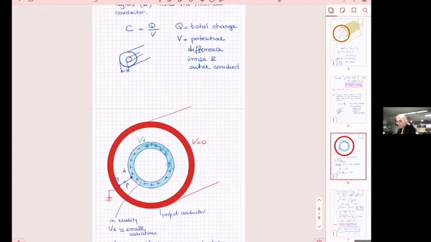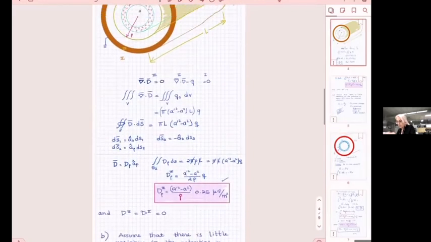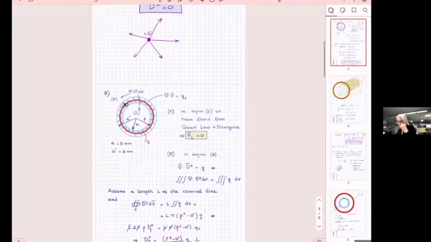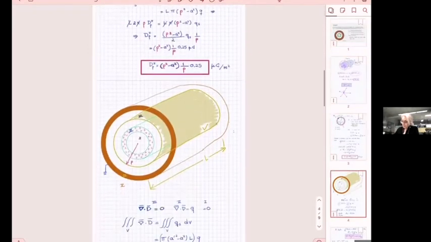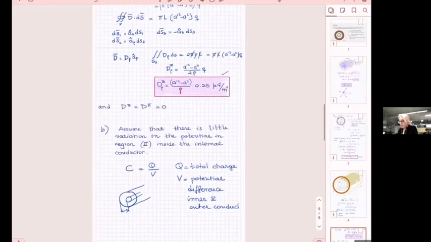The reason we did all of the derivations is because it's asking to find, what does it say here? Find the electric field between the two conductors and plot it as a function of the radius. So that's why we did that.